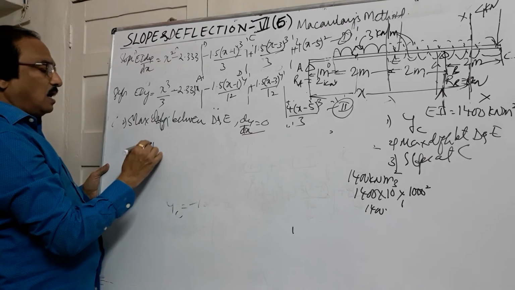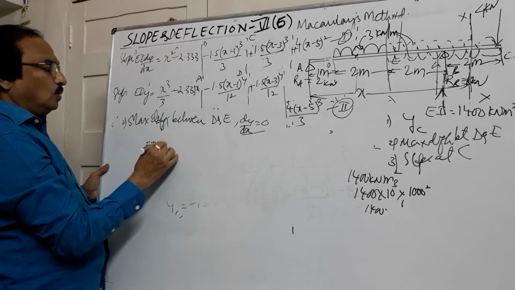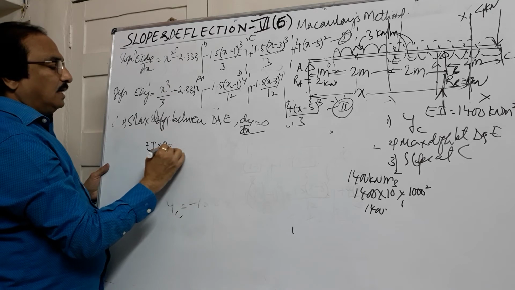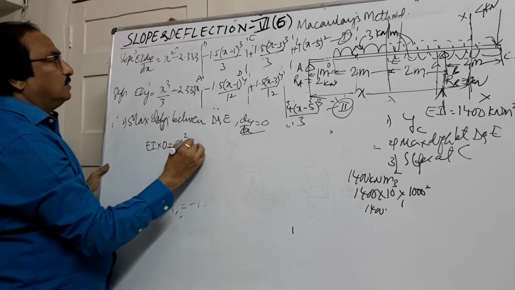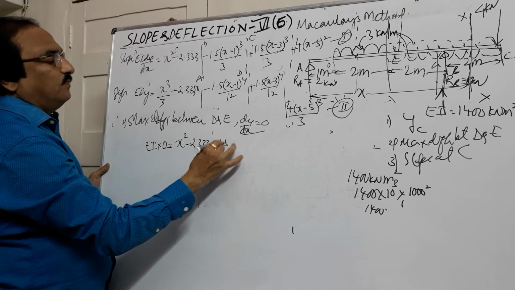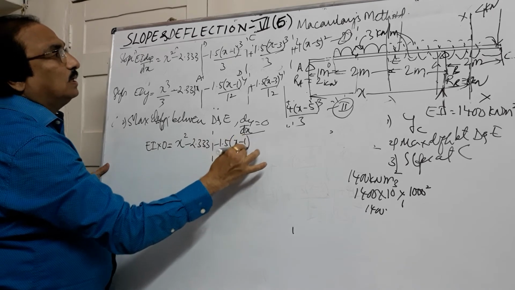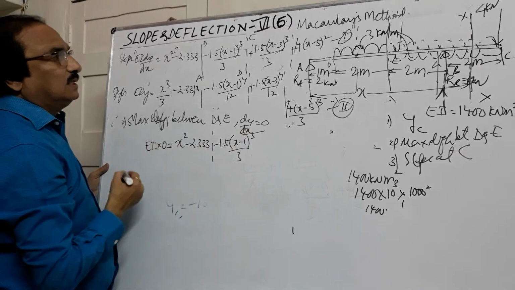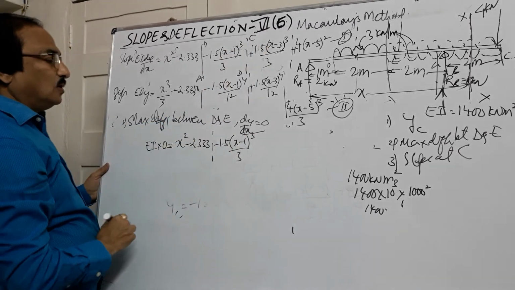So EI into 0 is equal to x square minus 2.333 minus 1.5 into x minus 1 whole raised to 3 divided by 3. The further portion will not come into account.